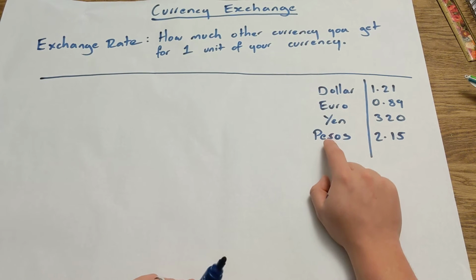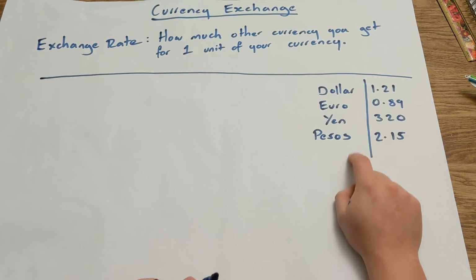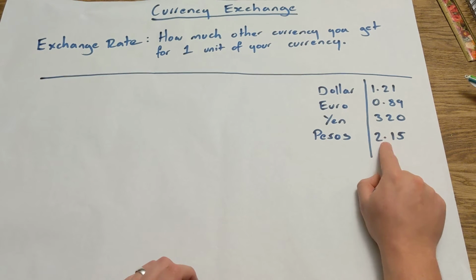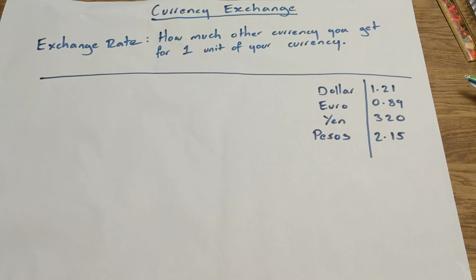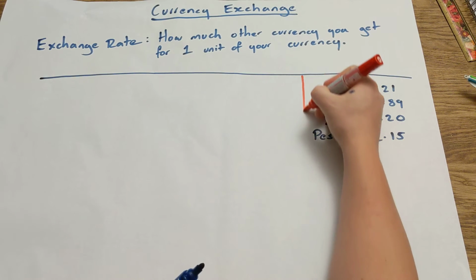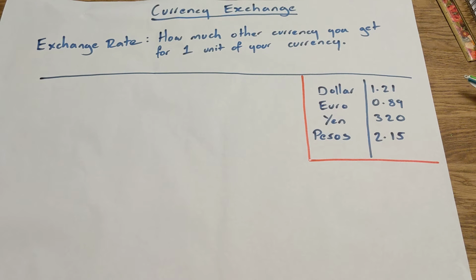For every pound you gave them, they'd give you 320 yen. And for every pound you gave them, they'd give you 2.15 pesos. And that's how the exchange rate works. So we're going to use these numbers for the examples we look at. So let's look at some examples.